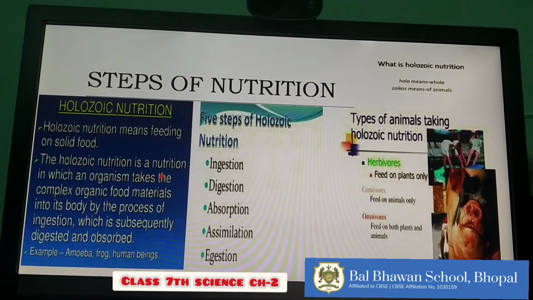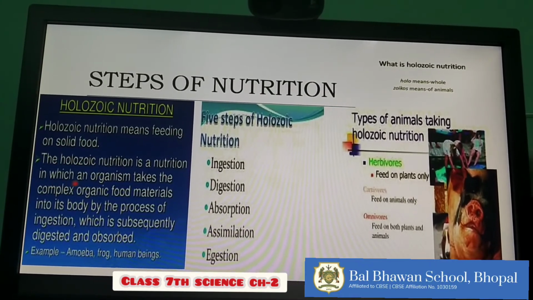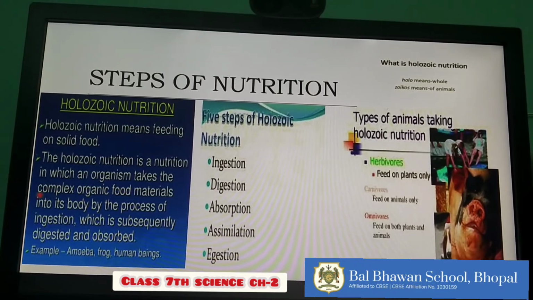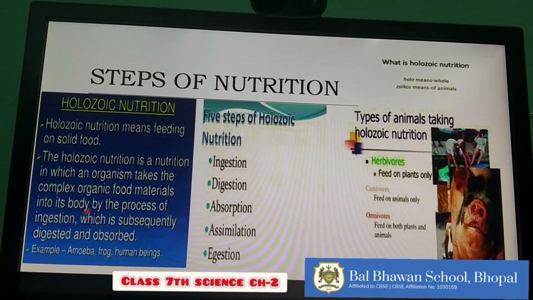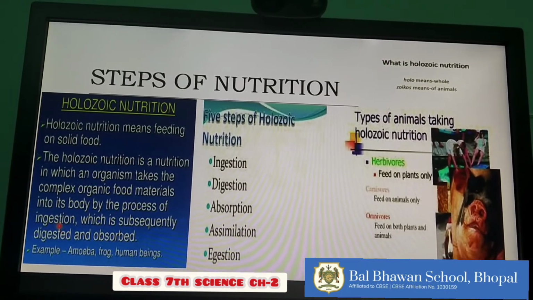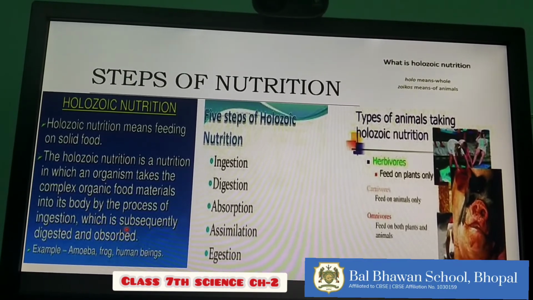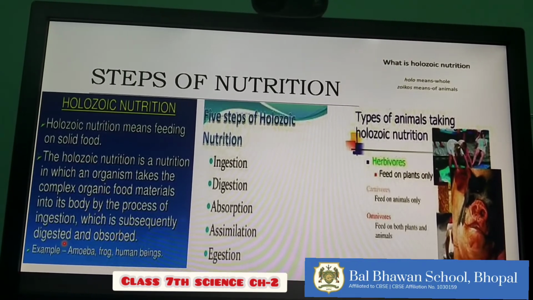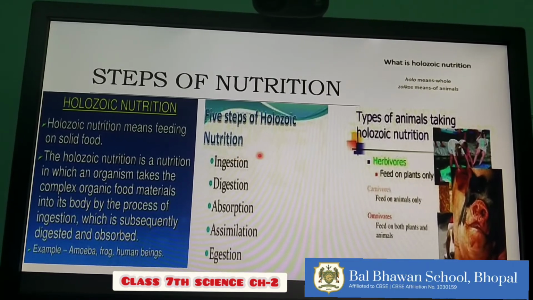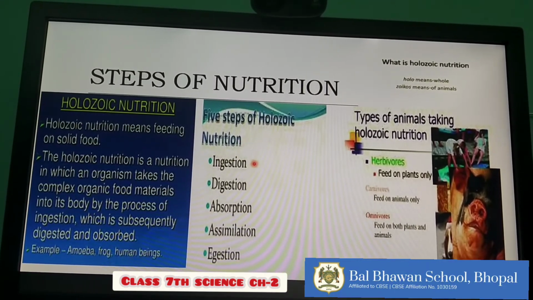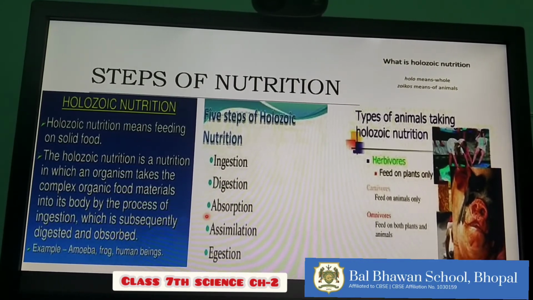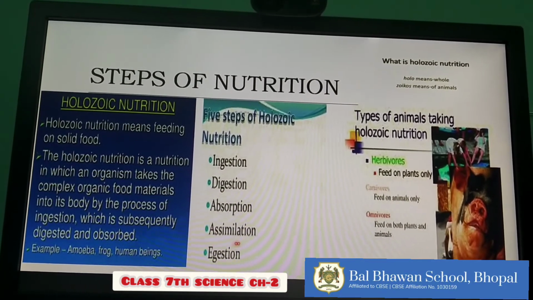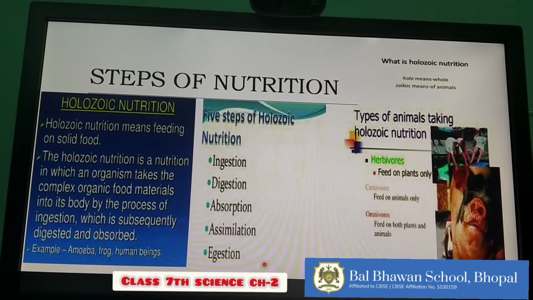Holozoic nutrition is a nutrition in which an organism takes complex organic food materials into its body by the process of ingestion, which is subsequently digested and absorbed. Steps of Holozoic nutrition are ingestion, digestion, absorption, assimilation, and ejection.